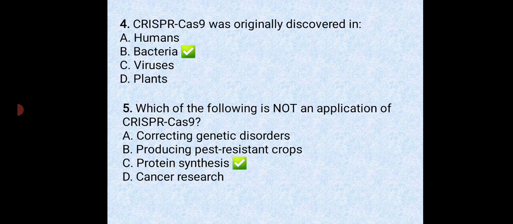And fourth question, CRISPR Cas9 was originally discovered in humans, bacteria, viruses and plants. The answer is bacteria. Which of the following is not an application of CRISPR Cas9? Correcting genetic disorders, producing pest resistant crops, protein synthesis, cancer research. So, the answer is protein synthesis.